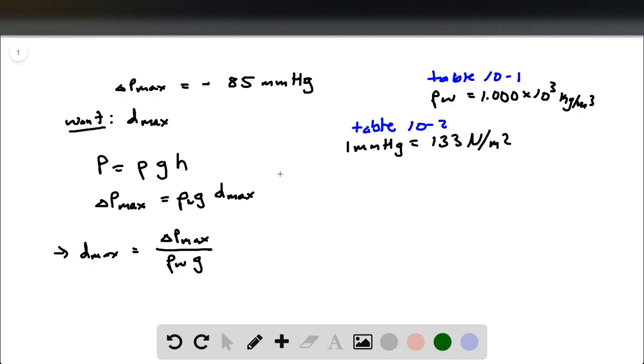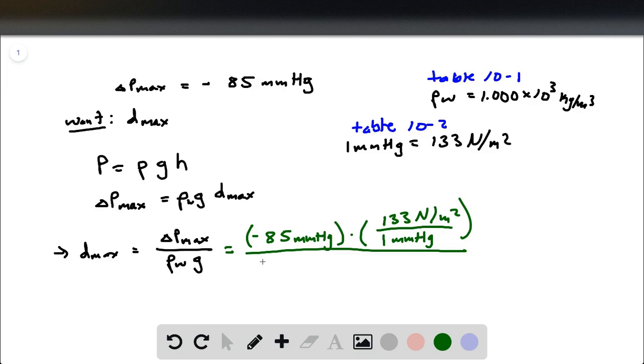And then we can just plug everything into this equation here. So we have for P max minus 85 millimeters of mercury. And then we can do some dimensional analysis. We want to multiply this by this conversion factor. So 1 millimeter of mercury divided by that unit to get newtons per meter squared on top, there's 133 newtons per meter squared.